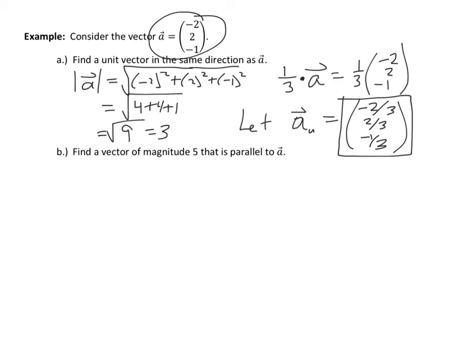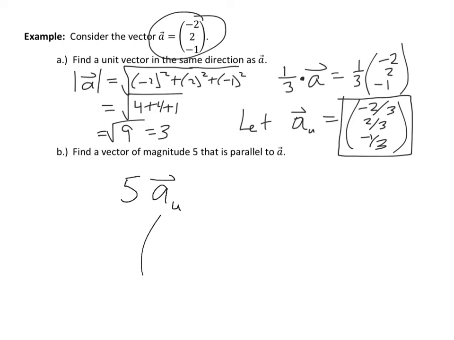Now part B says to find a vector of magnitude 5 that's parallel to this original vector. If I want it to be parallel to A, it just needs to be in the same direction as A. A unit vector is almost an expression of pure direction. It gives you a direction while keeping the magnitude 1. This is really easy to work with. So if they want a vector of magnitude 5 that's parallel to that, all I need to do is take the unit vector version of A I just found and scale it up by 5.